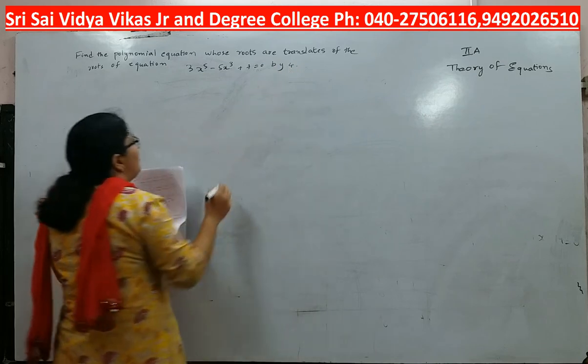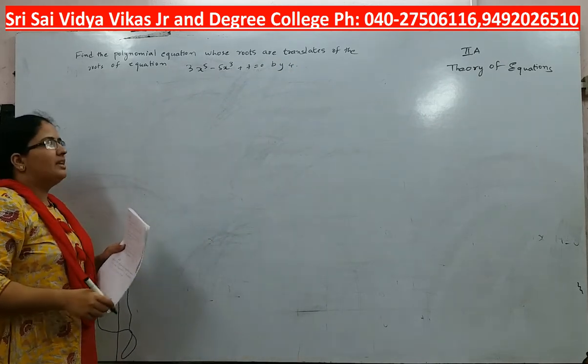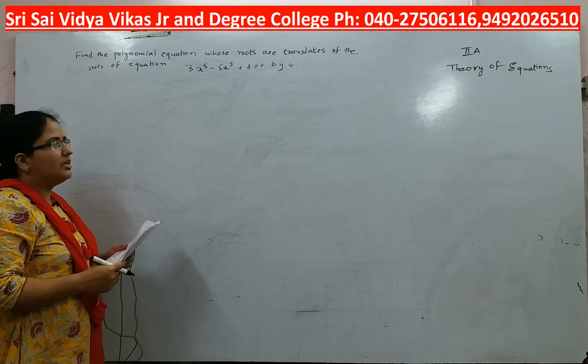So you have to find f of x minus 4, the required equation will be f of x minus 4 is equal to 0.